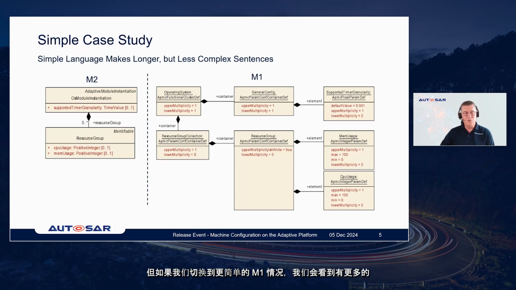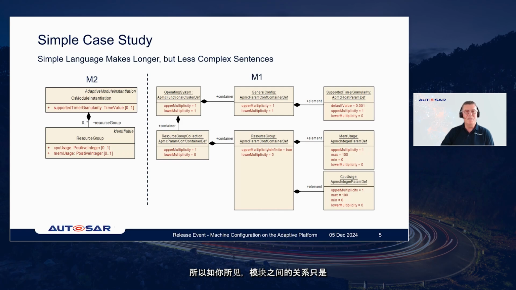But if we switch over to the more simple M1 situation, we see that there are more blocks which we need to do the modeling, but each block is very simple, so they don't have the complexity of the M2 model.